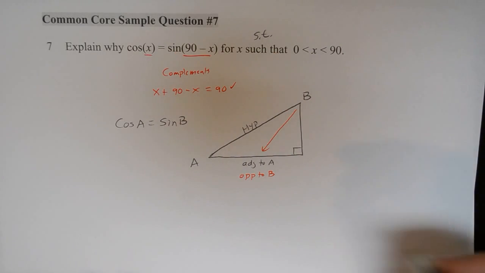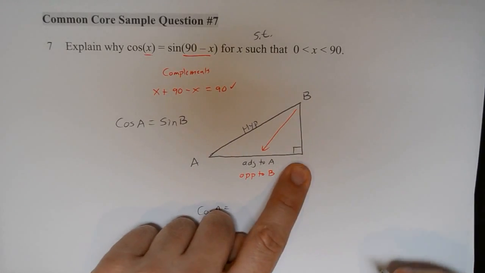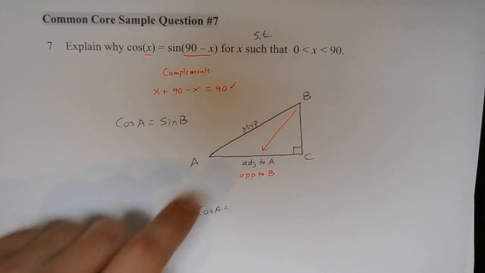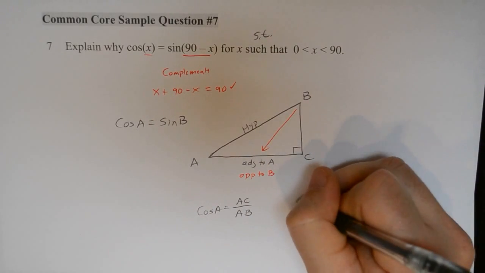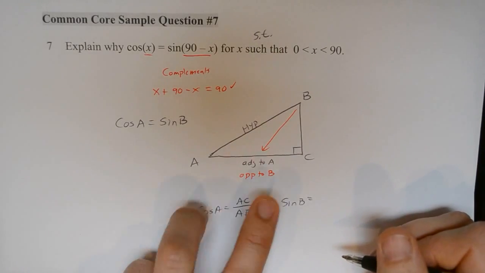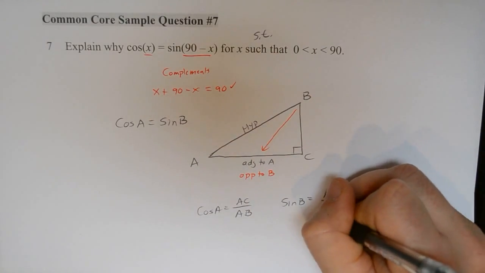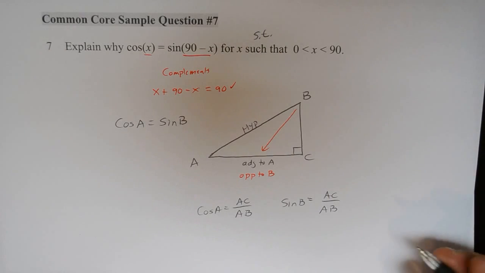So you can see that the cos of A is, in fact, A, let's call that C, AC over the hypotenuse AB. And the sine of B is also opposite, AC again, over the hypotenuse AB. So here we have AC over AB, and so that's the reason.